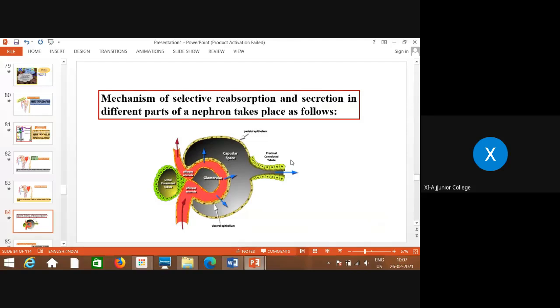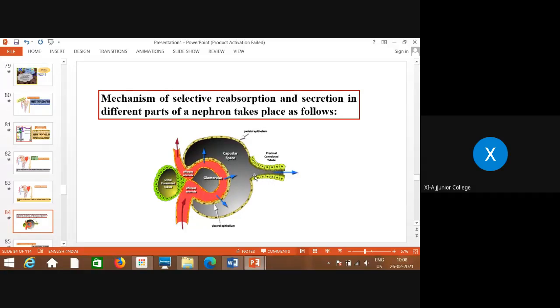Now we'll repeat how the mechanism of selective reabsorption and secretion takes place in different parts of the nephron. As you know, the capsular space is the region of the first step of urine formation, that is glomerular filtration. Then these are the cells of the PCT. When the filtrate enters Bowman's capsule, it enters the renal tubule.